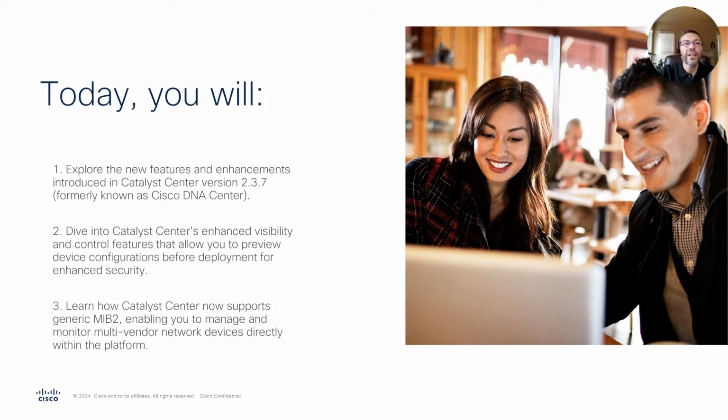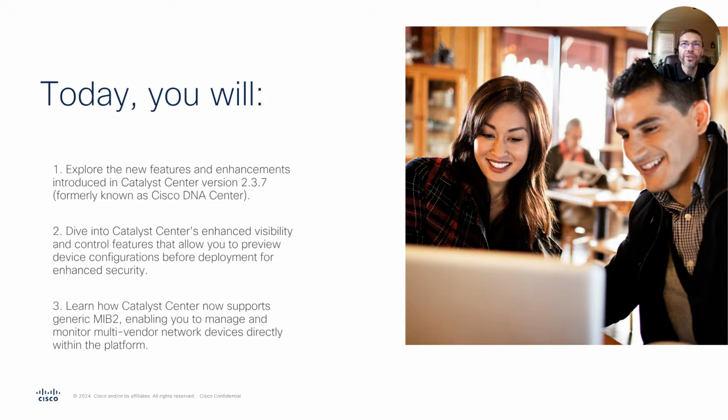So today, what we're going to cover is the new features. So we're going to cover a lot of the things that you may have seen previously with 2.3.7. So we're going to go over things in our Catalyst Center, formerly known as Cisco DNA Center 2.3.7, and then highlight those in 2.3.7.9.